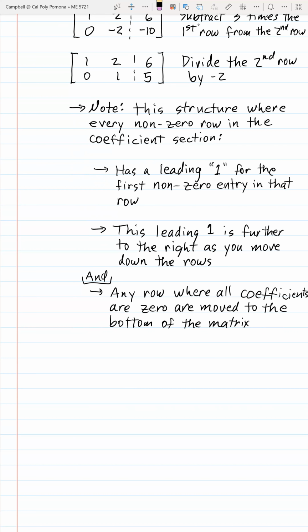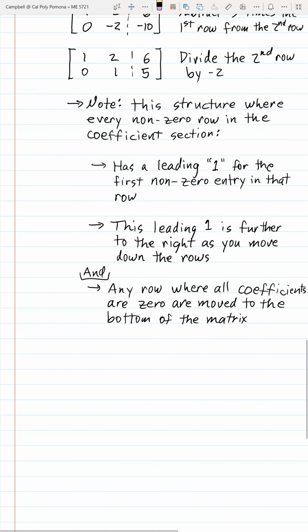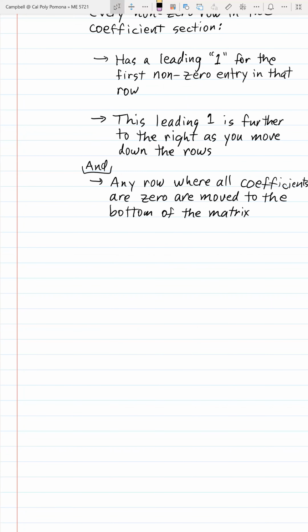So if you encounter a row of zeros, you just move it to the bottom, and as soon as you encounter one, you can just keep moving it to the bottom. You can move the other 0 rows up because it doesn't really matter at that point, because all we need is just a collection of all 0 rows at the bottom of the matrix.